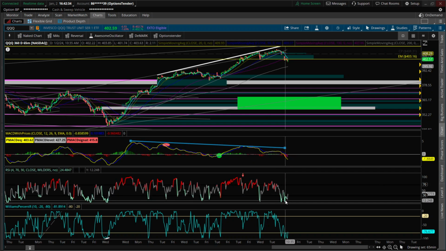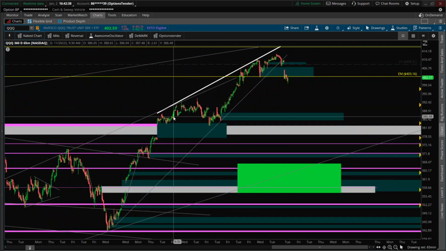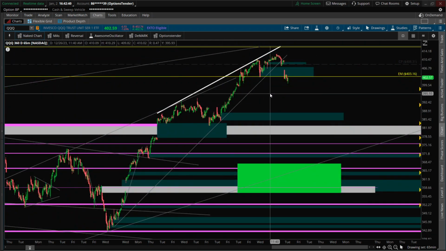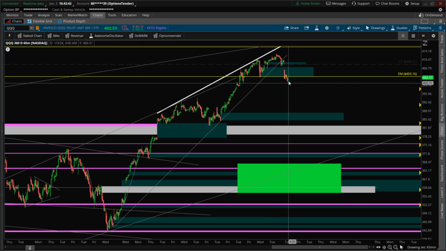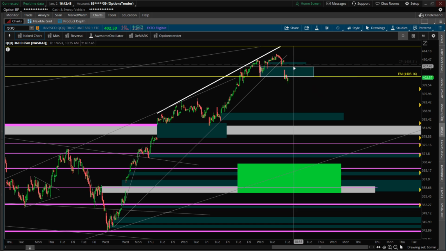We do have our puts longer term. We even rolled some out from this week, and all I have for this week now is just a couple of calls on SPY and QQQ in order to hedge a bounce here.